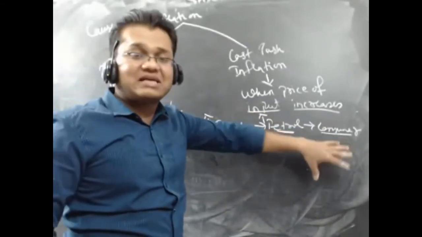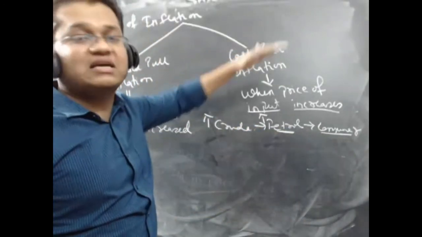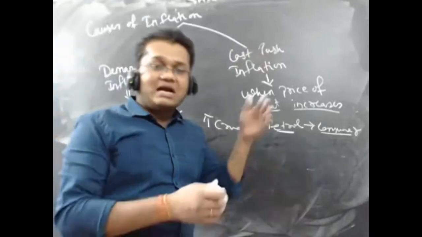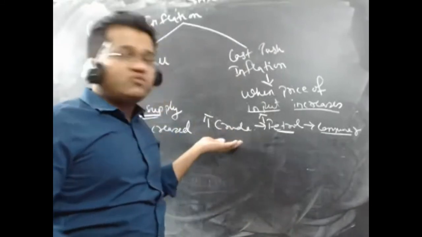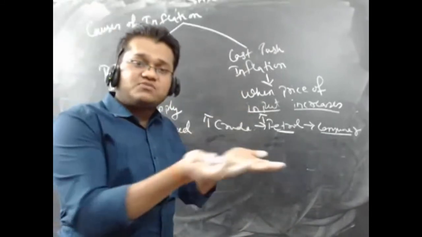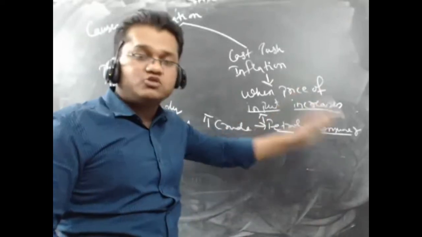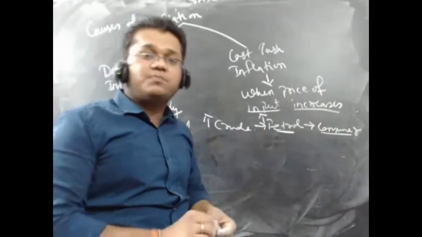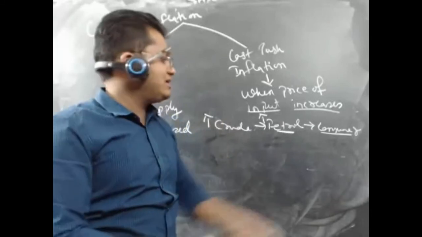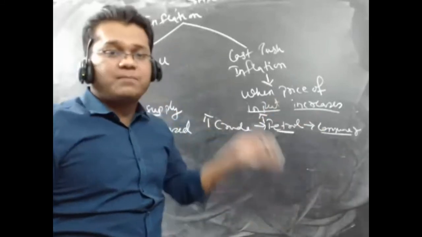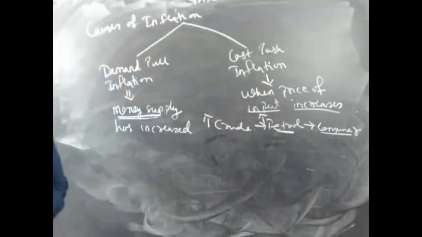Otherwise, no matter how much the price of crude increases, no one will pay for it, and ultimately the producer of crude will have to reduce the price. So if the price is maintained at that level, it is because consumers are able to pay. And if consumers are able to pay, then money supply must have increased in the economy. Because if money supply does not increase, consumers will never have the purchasing power to buy this commodity at a higher price. Is it clear?